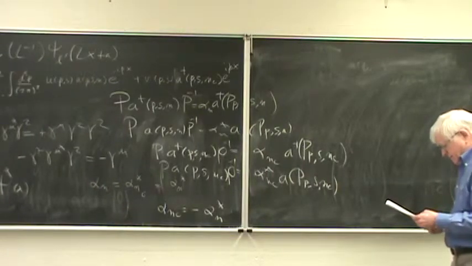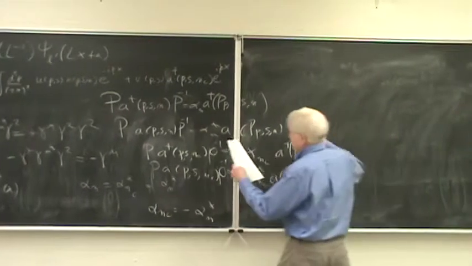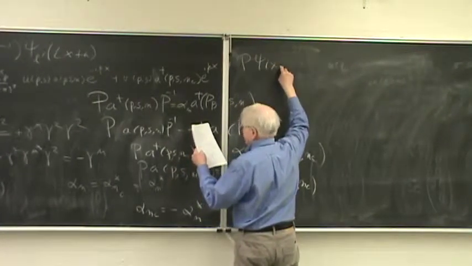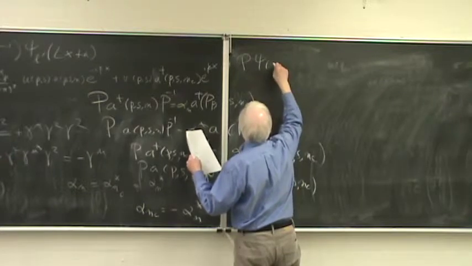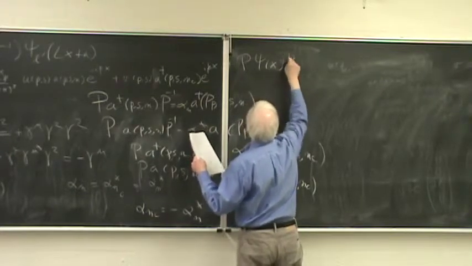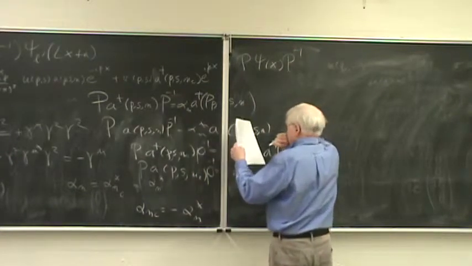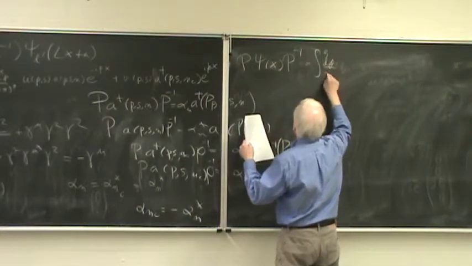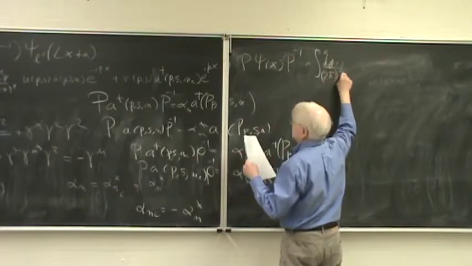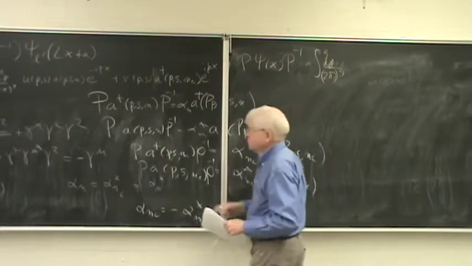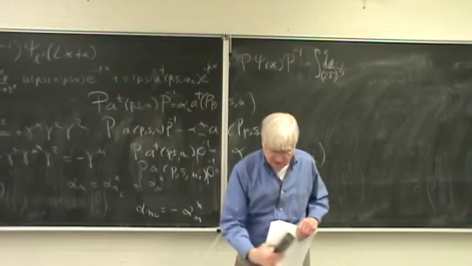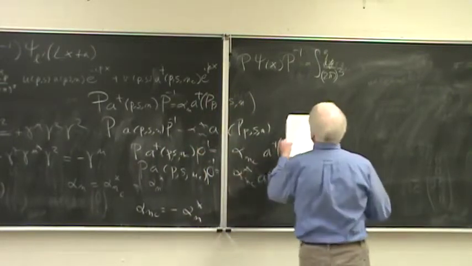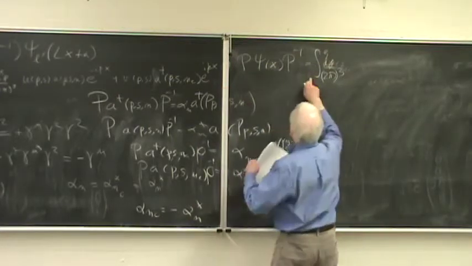Okay, so what happens to P psi of x P inverse? Let me write it this way. Well, this will be an integral, of course, d^3p over (2 pi)^3 2 p^0. I should maybe write it right under that, but there's no space under that, so let's just say we go from there to there.